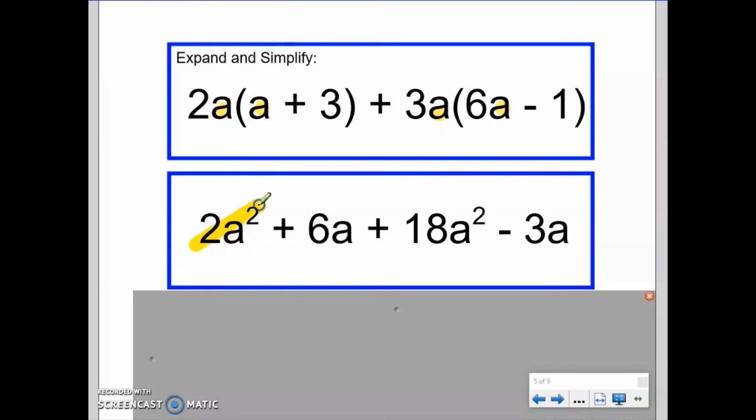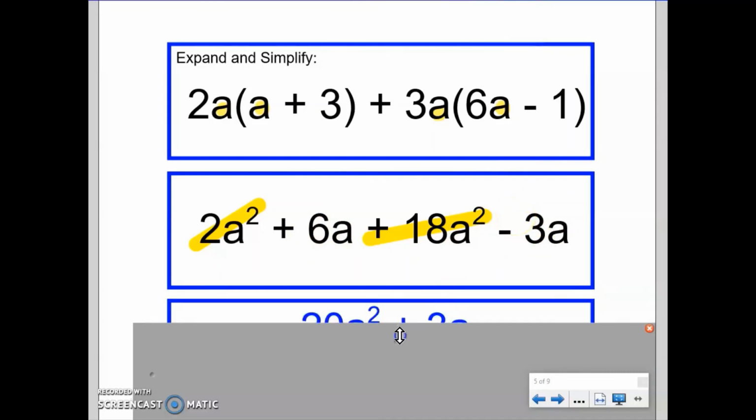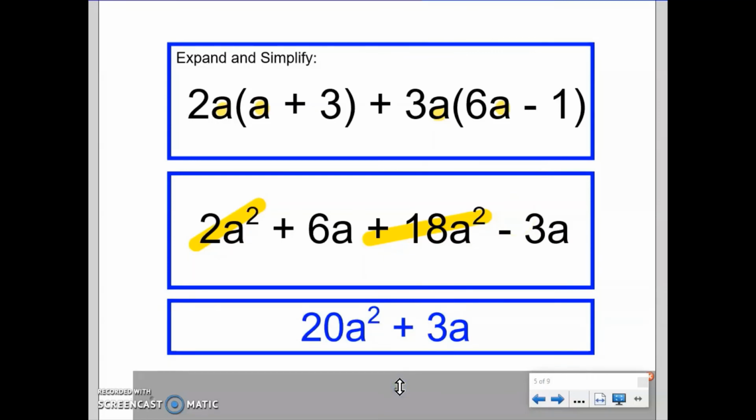So I've got 2a squareds, and I'm going to add on 18a squareds, which is going to give me 20a squareds. And then I've got 6a's, and I'm going to take away 3a's, which is going to leave me with 3a. So my final expression is 20a squared plus 3a. Very well done if you were able to get that answer.